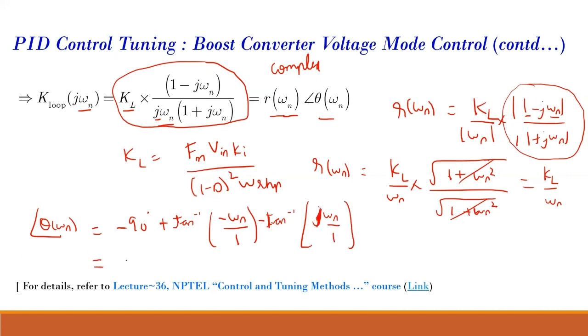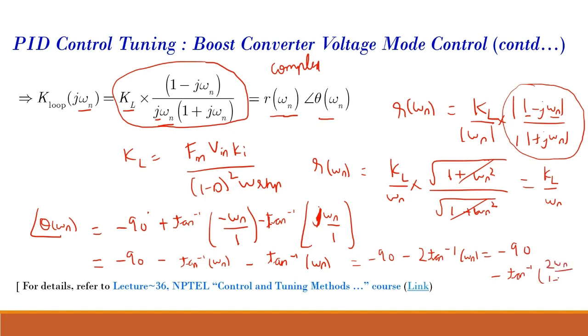So effectively, I will get my angle to be minus 90, and minus comes out, so minus tan inverse of omega n and minus tan inverse of omega n, so minus 2 tan inverse of omega n. So this will be minus 90 minus 2 tan inverse of omega n, which is also written as minus 90 minus tan inverse of 2 omega n upon 1 minus omega n square. It can be written in this format also. Tan inverse of A plus tan inverse of B can be written like this.